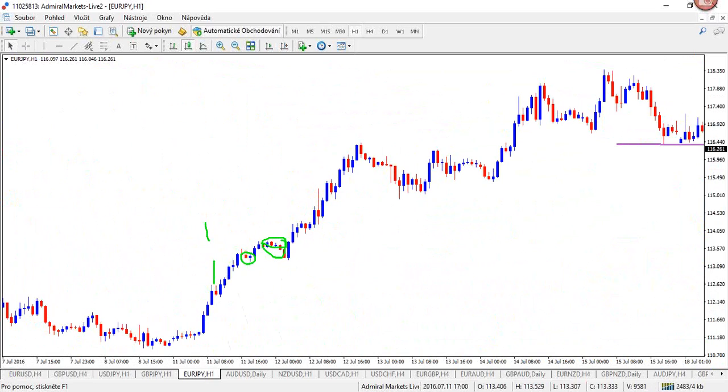Even though there's a 1, 2, or 5, 6 candle pause, price still continues higher, as you see. Only here do we get a bigger correction. So as soon as 1 candle or 2 candles do not push for a higher high, it doesn't mean that the momentum is immediately over.